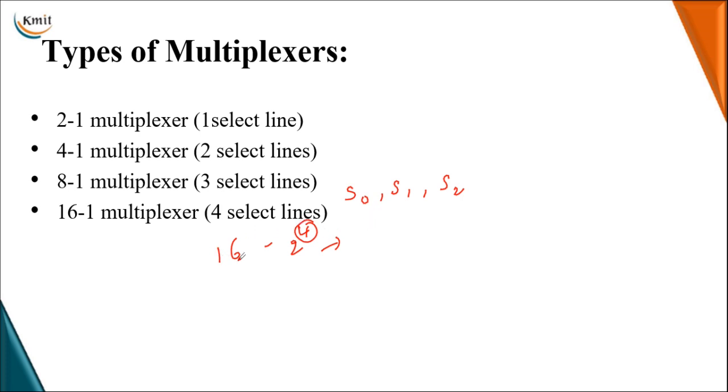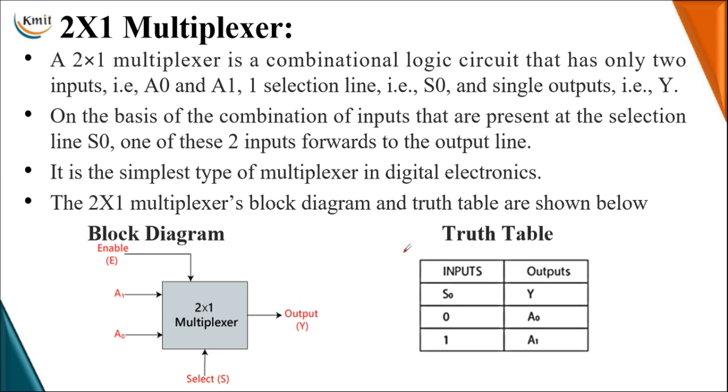So 16 is 2 power 4, and we require a total of 4 selection inputs, designated S0 to S3. The number of inputs is 16, the number of selection lines is 4, and it transfers these 16 inputs through a single output terminal using the 4 selection inputs.